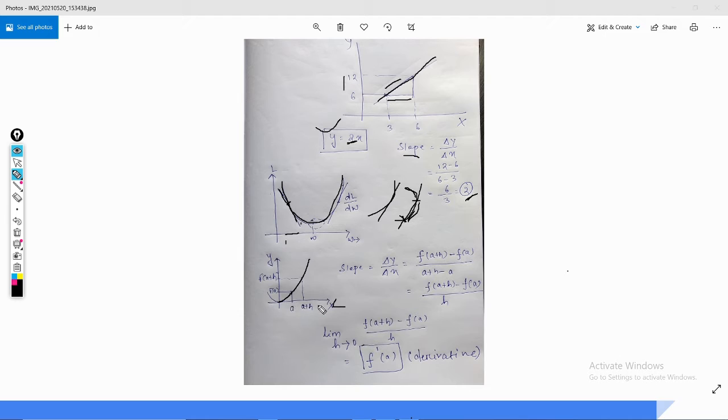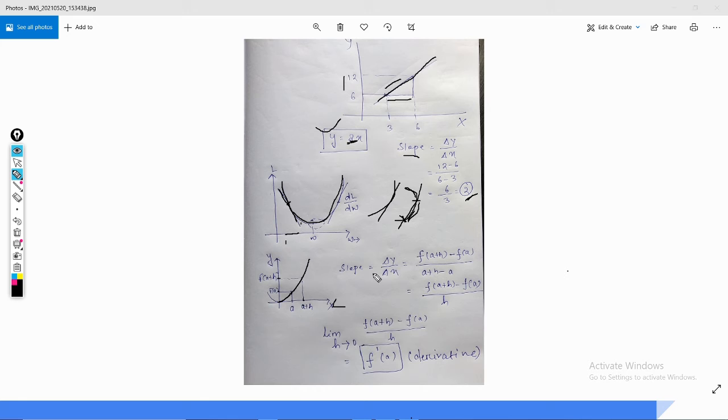For the x value, I have taken a, and this other point is a plus h. A plus h is nothing but some further distance from a, right? Here y is a function of x, like 2x. Similarly here the y point is the function of the x value. The x value is a, so here f of a is the function of a, and here is the function of this point.